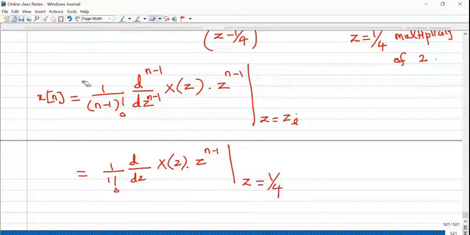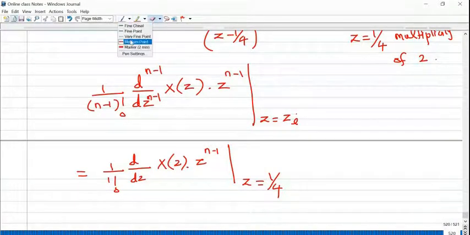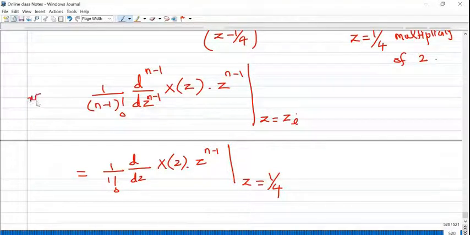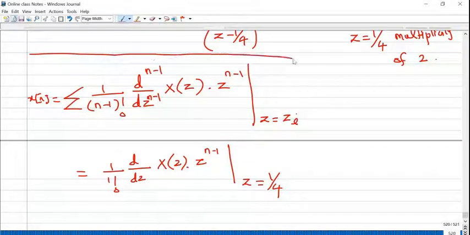Do some modification here. x of n equals summation, general formula, residue of.